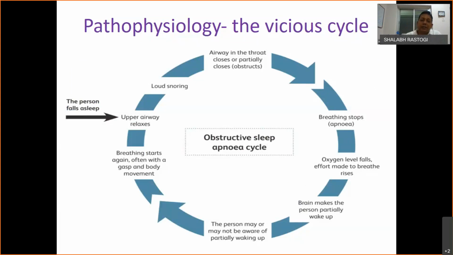And this cycle keeps on repeating every time in the night. So you can understand how disturbed the sleep of the patient might be, with repeated episodes of choking and repeated episodes of waking, and this goes on and on in a vicious circle.